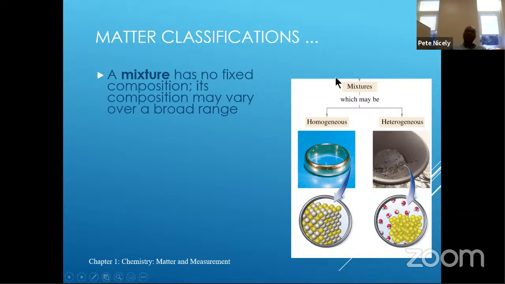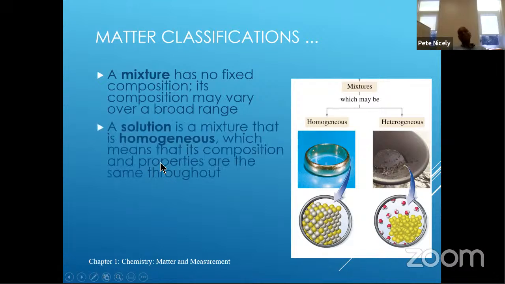So under the broad category of mixtures, we have what are known as homogeneous mixtures and heterogeneous mixtures. So a homogeneous mixture is also known as a solution. And it is a mixture where the composition and properties are uniform throughout that mixture, all right? So for example, if I were to mix together ethanol with water, right?